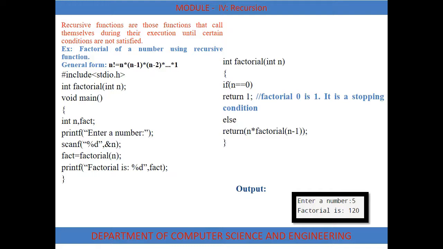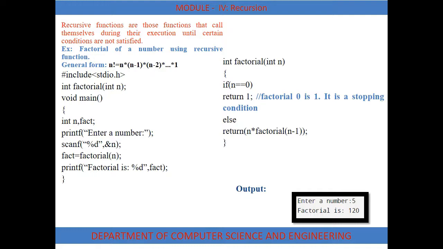Now jump to the function definition, that is, int factorial of int n. For this function we are passing the value 5. First check the condition: if n equal to 0. The value of n is 5. Is 5 equal to 0? No, it is false. So jump to the else part, where it is written n into factorial of n minus 1.